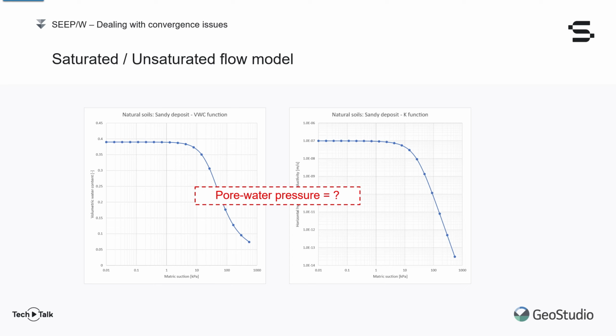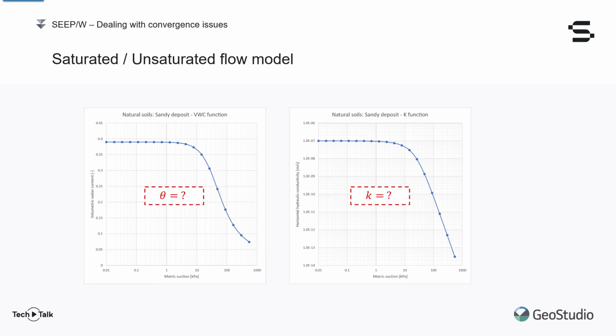To achieve this, we first need to know the volumetric water content and hydraulic conductivity at every point in the domain. However, referring to the characteristic plots we see here, to get this data we first need to know the pore water pressure. So it seems we must know one to know the other, but we must know the other to know one.